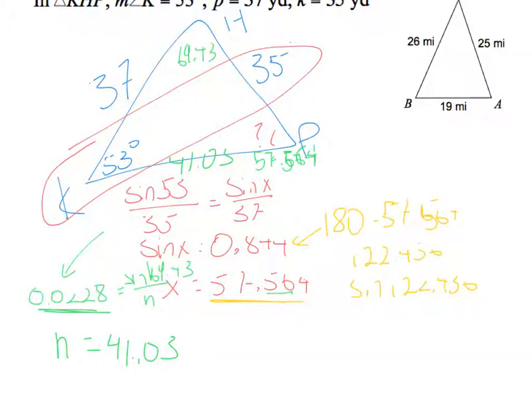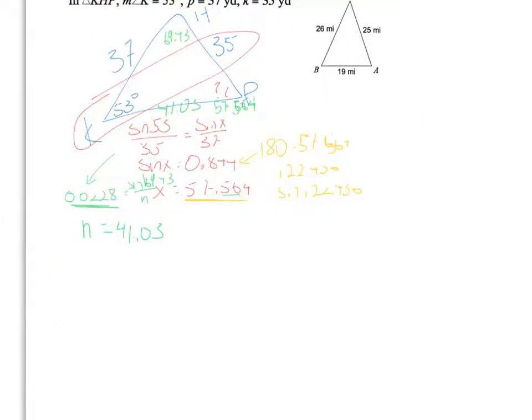And what that really does for us is that's going to create a second triangle. That's going to create like this alternate universe triangle going on here, where we have 53 already. Now we've got 122.44.